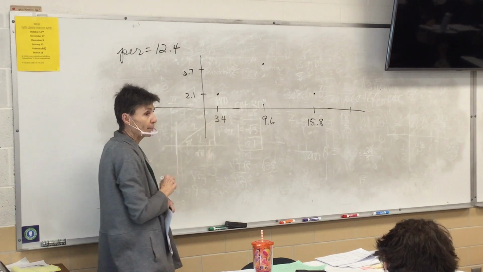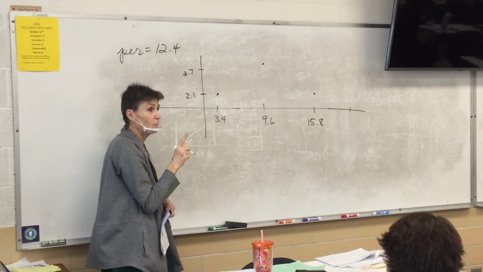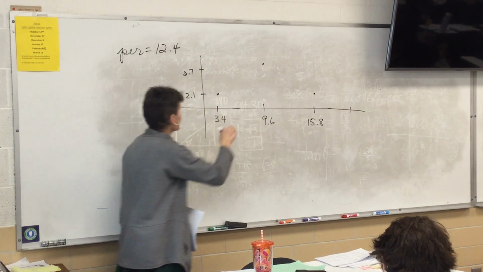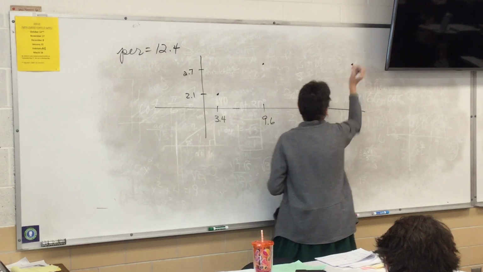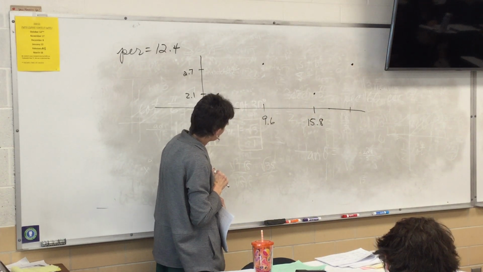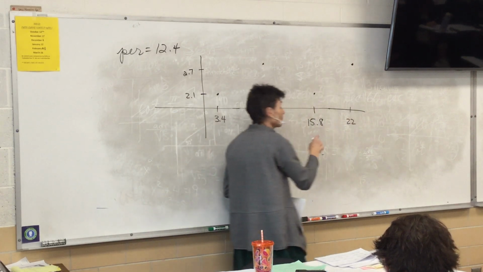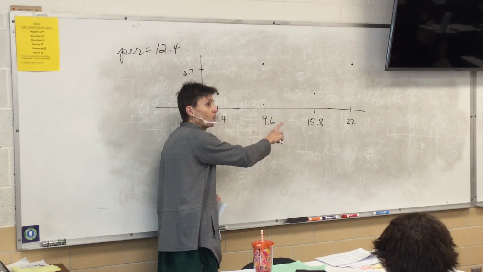Where would that other high point be? The next high point. Remember, the period is 12.4. So that means the distance from here to here is 12.4. So what would that be? 22? Now remember, these are decimal hours.